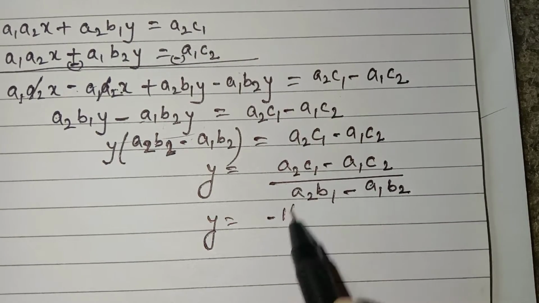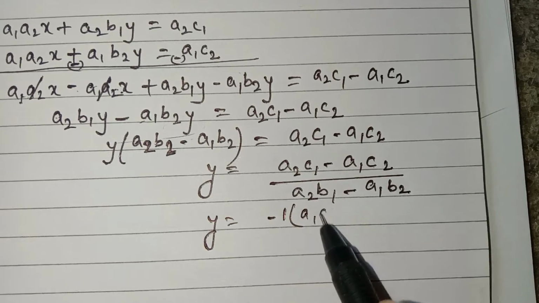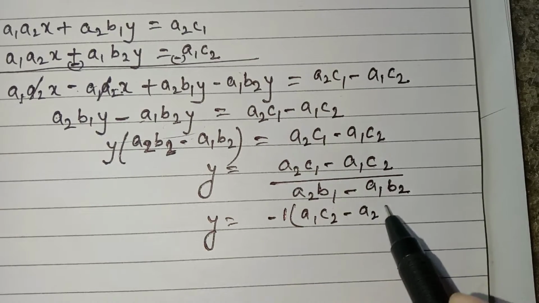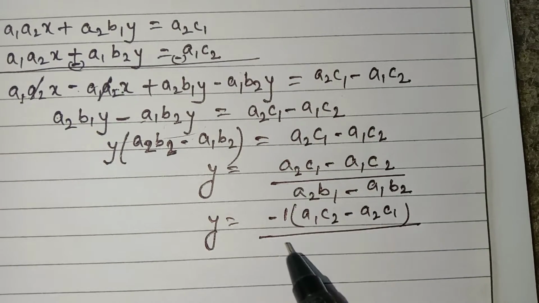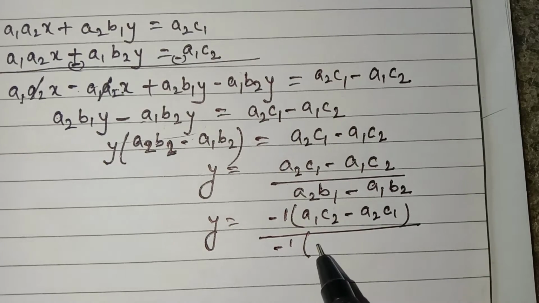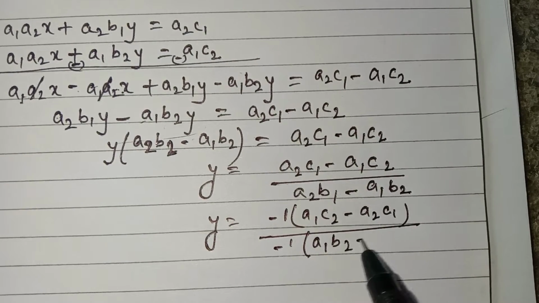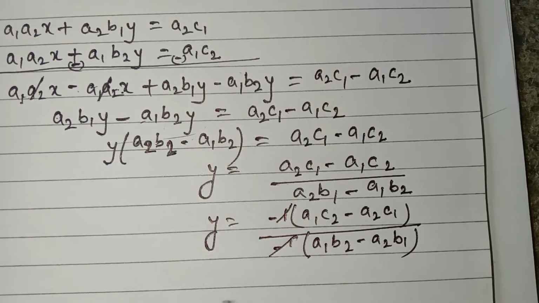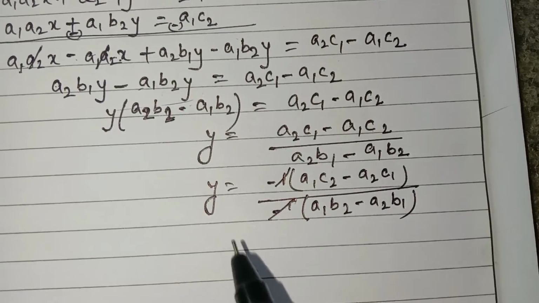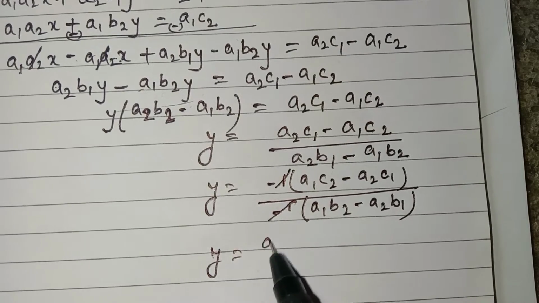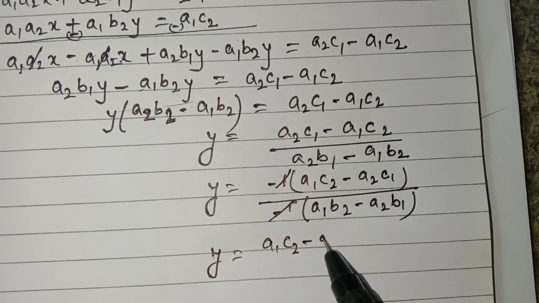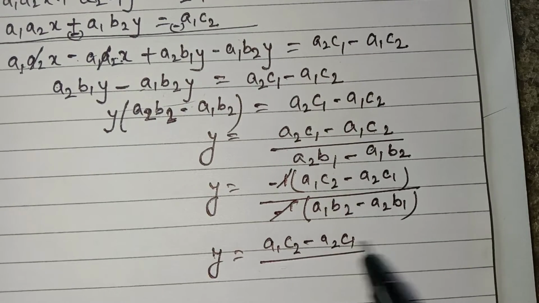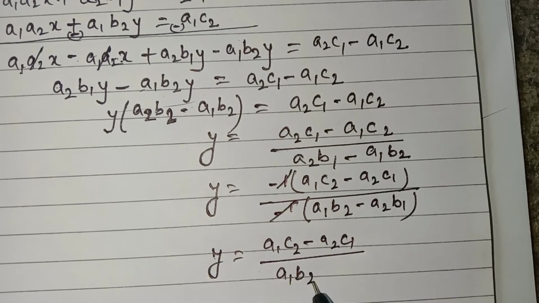If I take minus 1 common from the numerator, I can write a1c2 minus a2c1. Similarly, taking minus 1 common from the denominator, I can write a1b2 minus a2b1. So the minus 1 and minus 1 got cancelled, and finally I got y equal to (a1c2 minus a2c1) by (a1b2 minus a2b1).